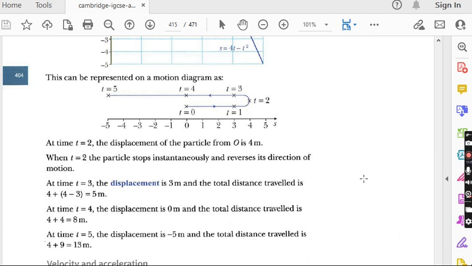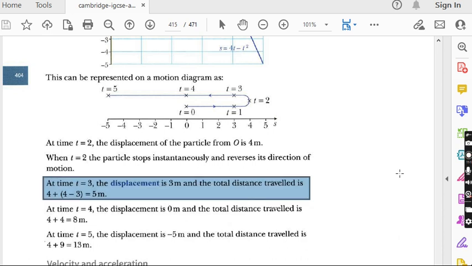But the total distance is, you can see, at t = 3, the displacement is 3 meters, but the total distance from 0 to t = 2 is 4, and then it reverses from 2 to 3, where the displacement is 3. Therefore we have to subtract 4 minus 3.